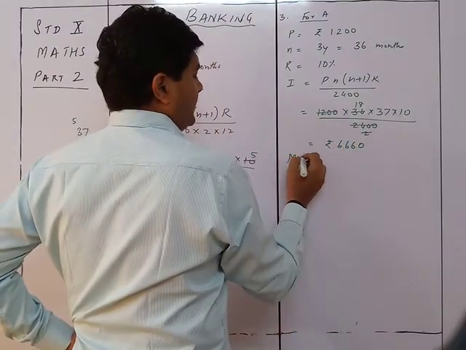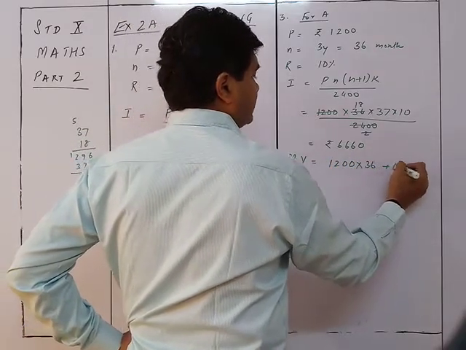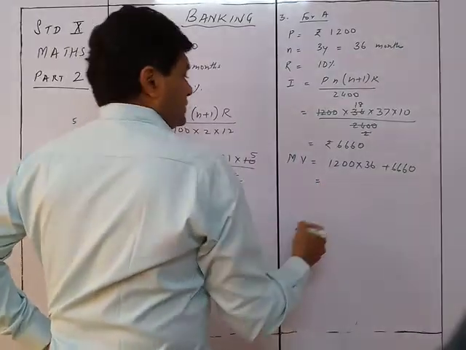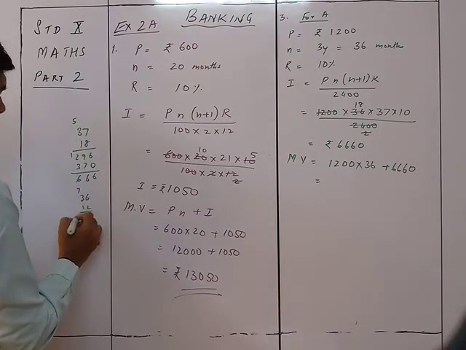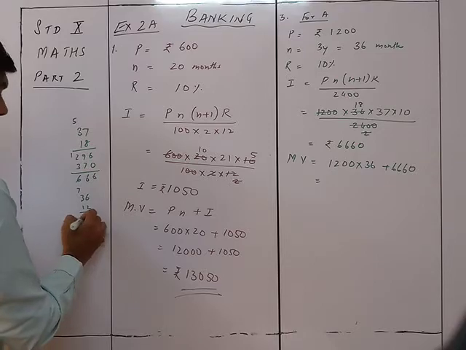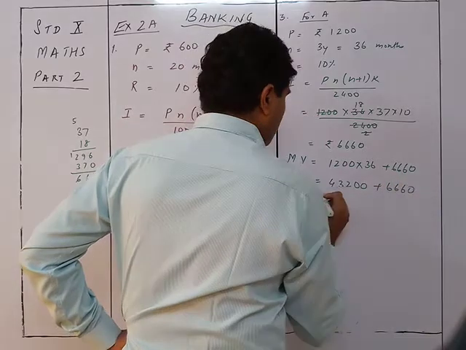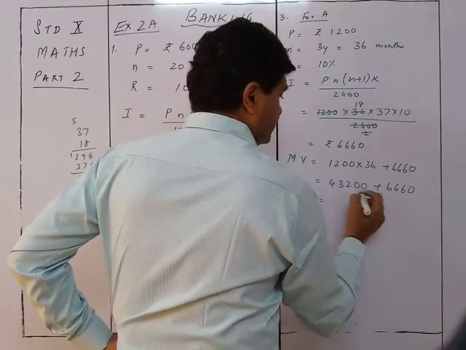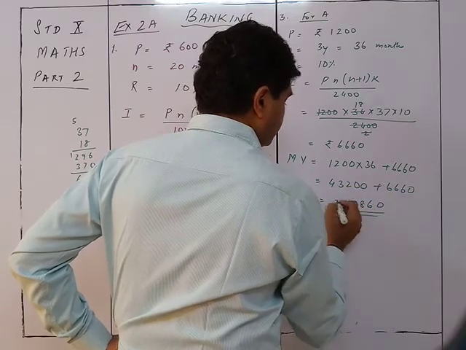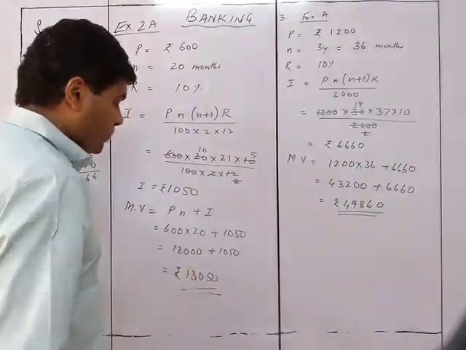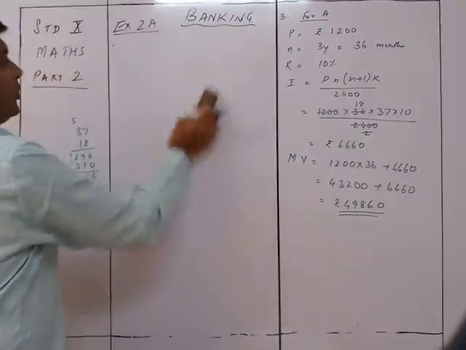Therefore, maturity value is equal to 1200 into 36 plus 6660. 36 into 12 is 432, so 43,200 plus 6660. So A is going to get rupees 49,860. Now we'll find out the value for B.